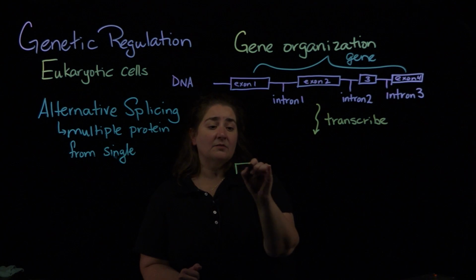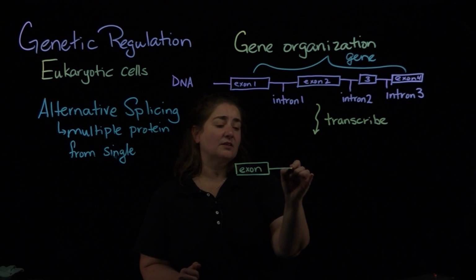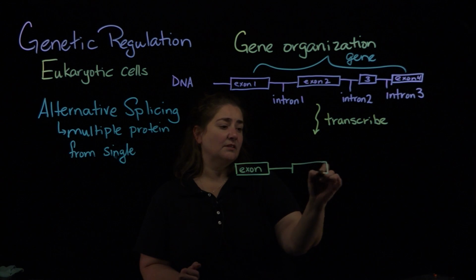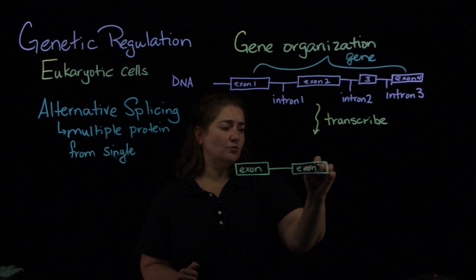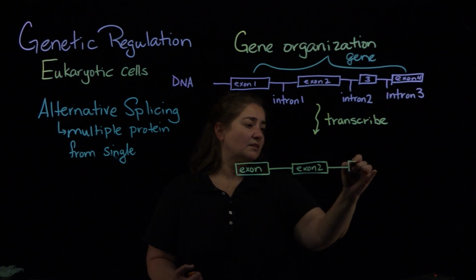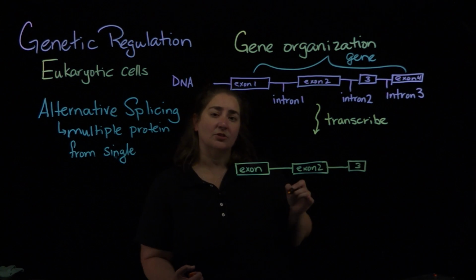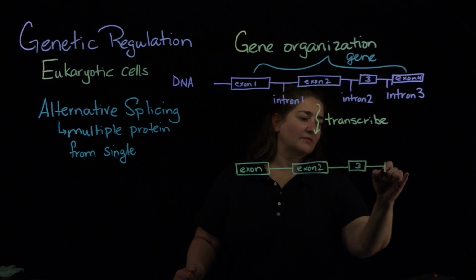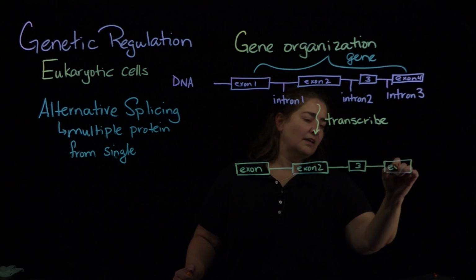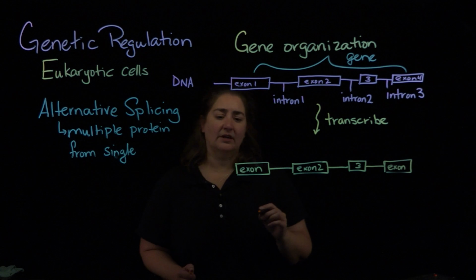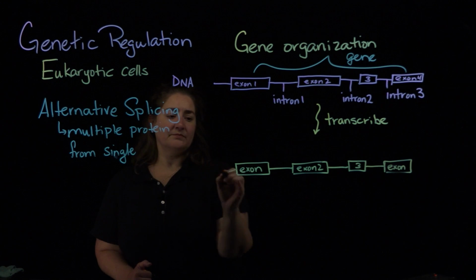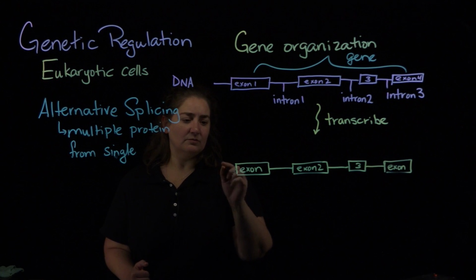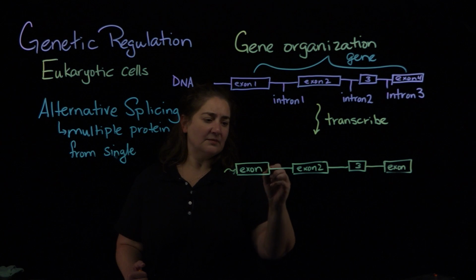And the way that's going to happen is we'll get a transcript with exon 1, exon 2, I made exon 3 smaller just so that it'd be a little bit different, and exon 4.